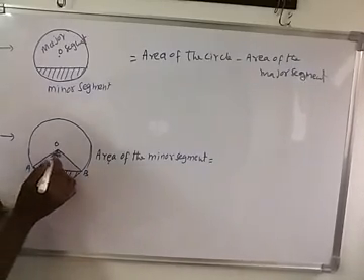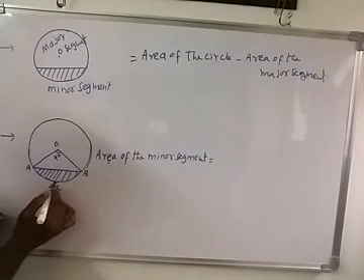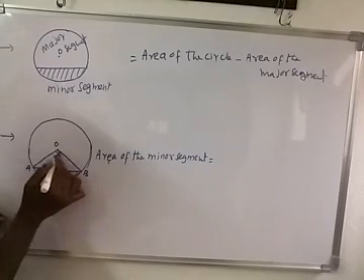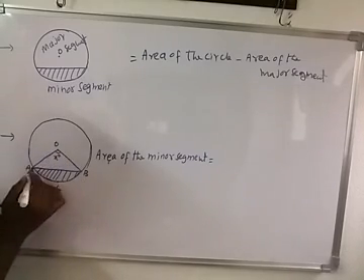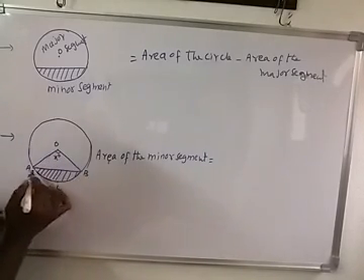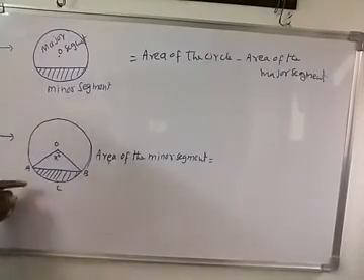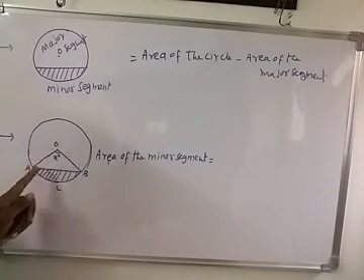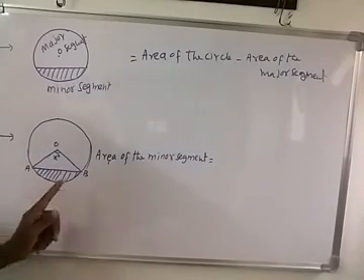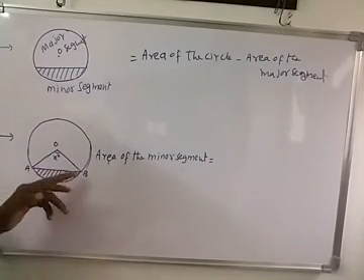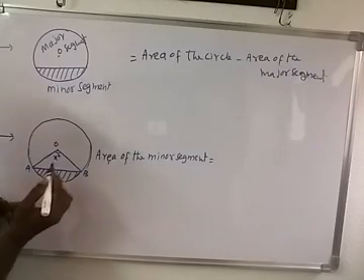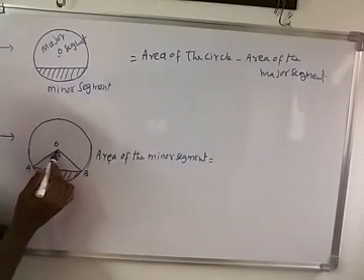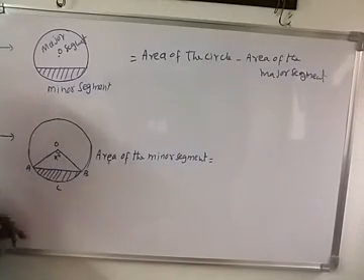Suppose here we take a sector. These are two radii, and this is one arc. So we form a sector OACB. Area of the sector OACB. Here a triangle AOB is also formed.